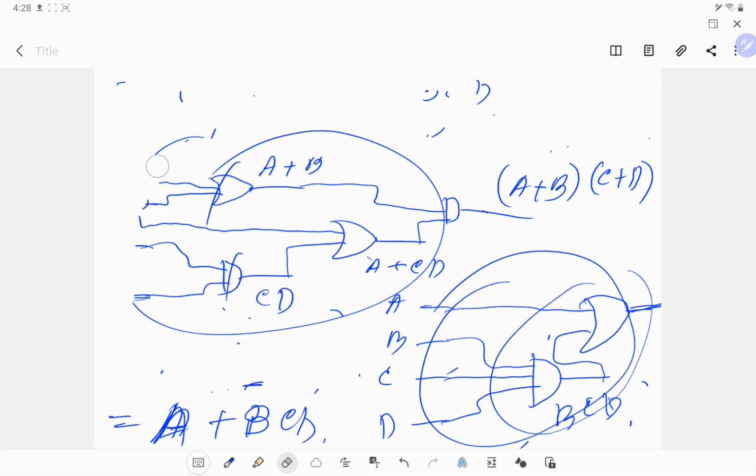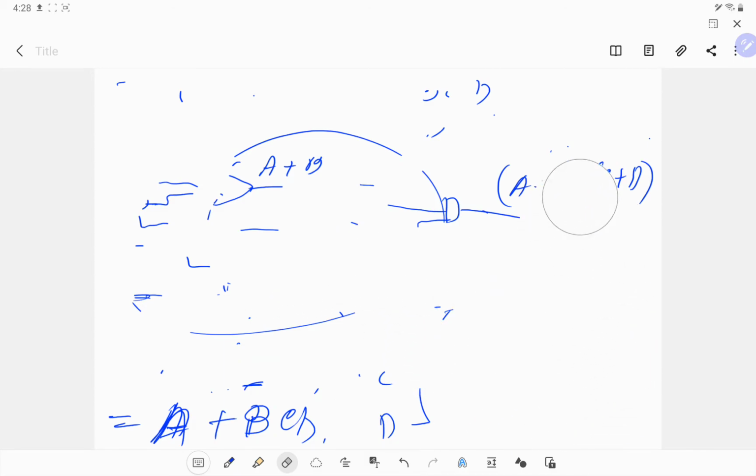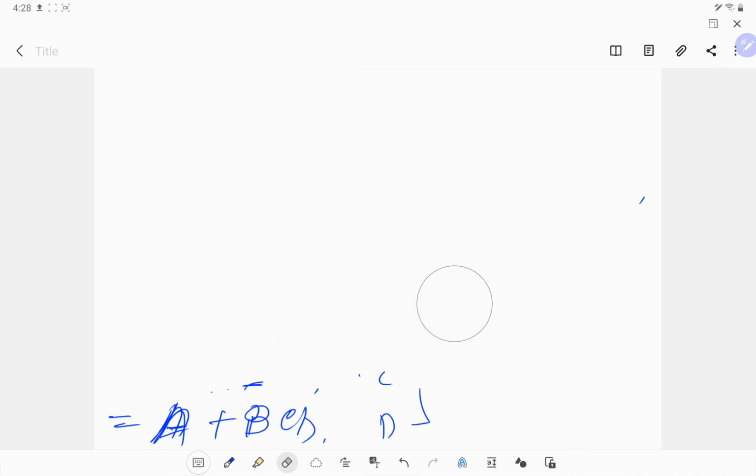Now let's see another example. We want to simplify a function again, and the function that we are given is f equals A'BC plus A'BC' plus AC.